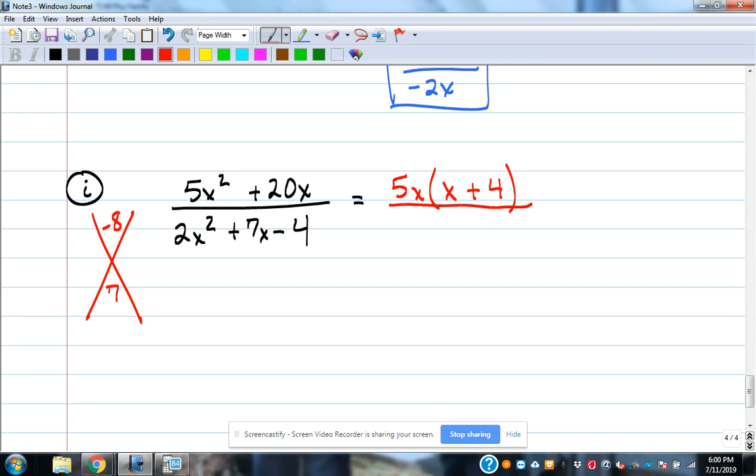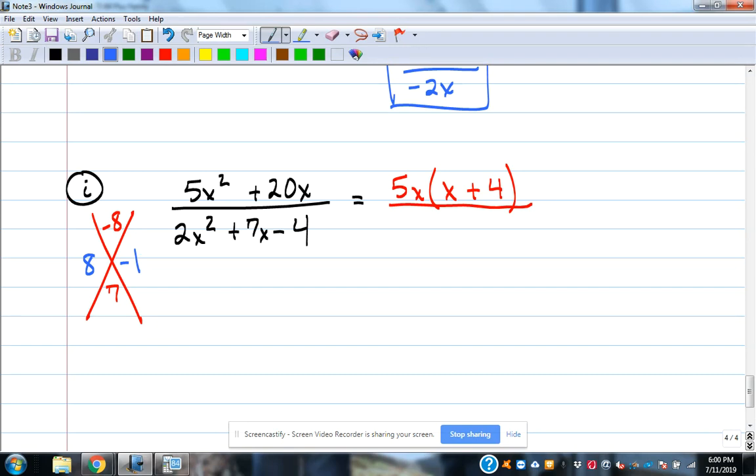Multiply to be -8 and add to be +7. Thinking 8 and -1. That multiplies to be -8. 8 plus -1 is +7.